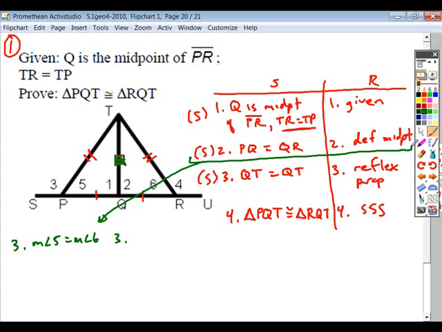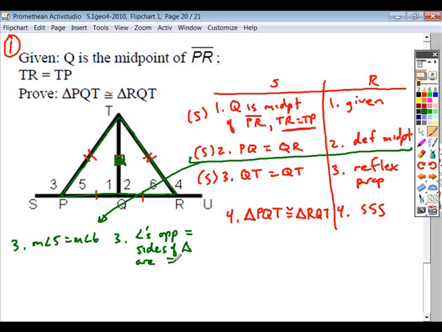If we look at the whole triangle PTR, so looking at this whole triangle, angles 5 and 6 are related how? They're equal because angles opposite equal sides of a triangle are equal.